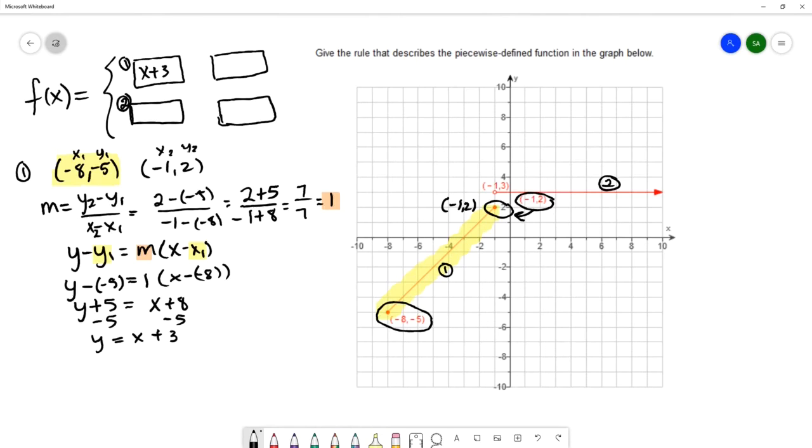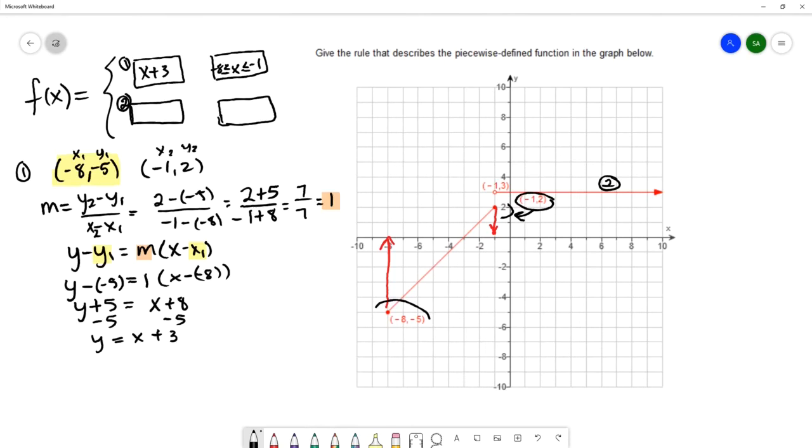The piece that we see here, let me erase my marking so we can see it a little bit better. We want to use this piece of the line, and the piece of the line begins at this value here of x equals negative 8, and it ends at this value here where x equals negative 1. So I want my x values to be in between negative 8 and negative 1.